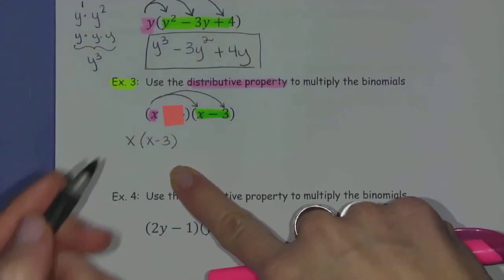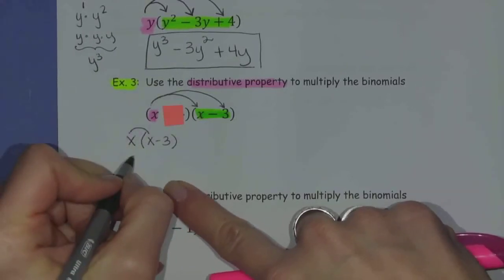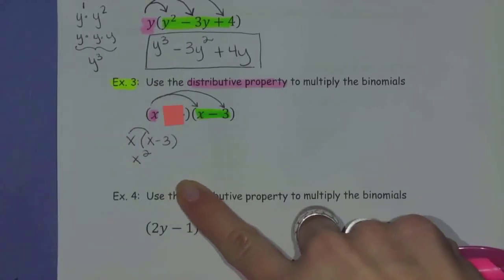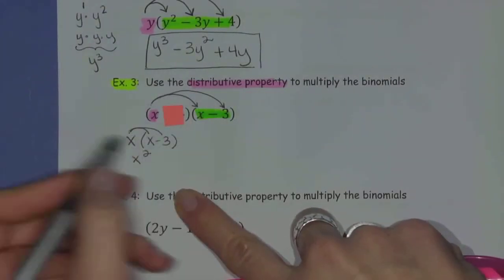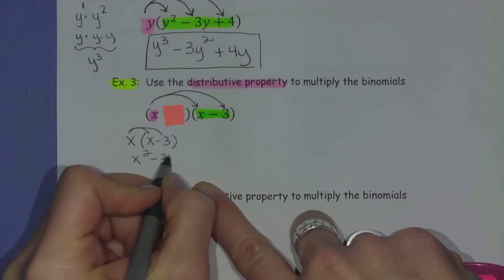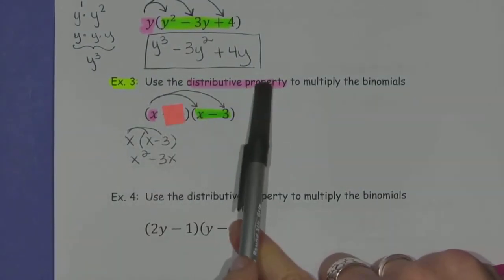Well, let's go ahead and do that. X times x, right here, x times x is x raised to the second power. And then x times negative 3 is negative 3x. Cool. So I am using the distributive property.